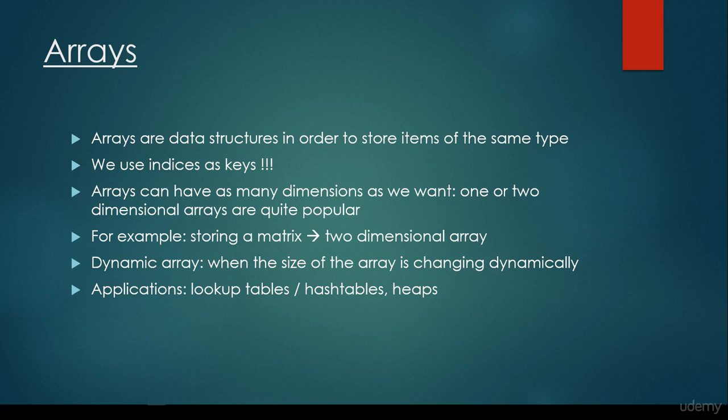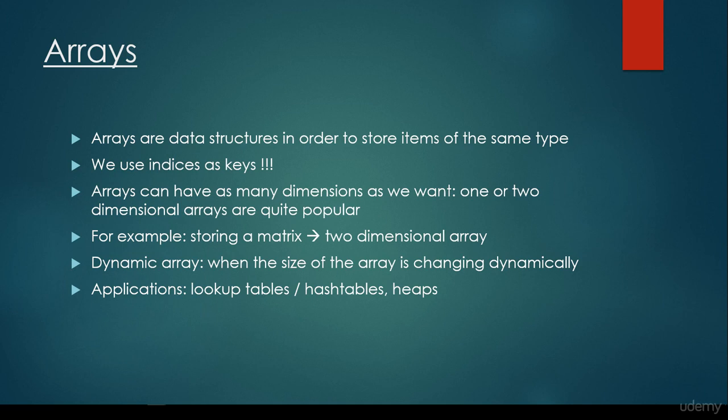We can use indices as keys, and arrays can have as many dimensions as we want. One or two-dimensional arrays are quite popular, but sometimes it can be helpful to use three-dimensional arrays or four-dimensional arrays, whatever. In order to store a matrix, we have to use two-dimensional arrays, as we have seen.